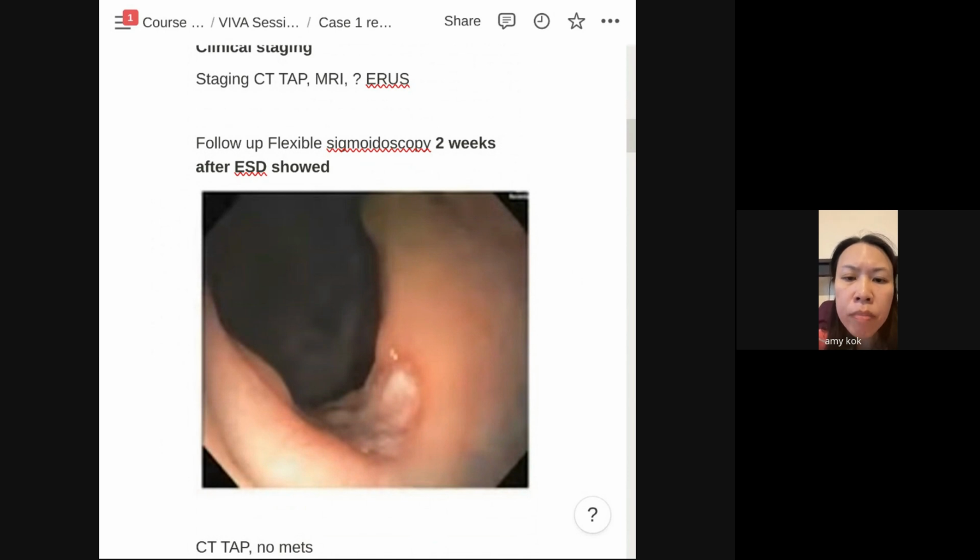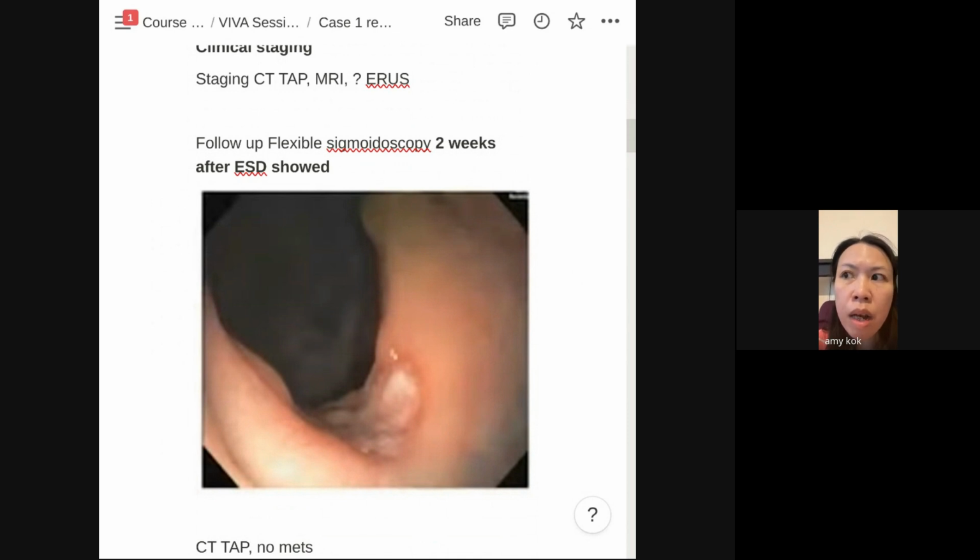If possible, I will also do a tattoo around that site, because my plan is to do a TME, a low anterior resection, TME type operation for this patient if the CT has no mass and the MRI shows CRM negative.